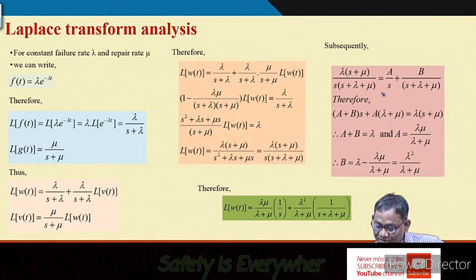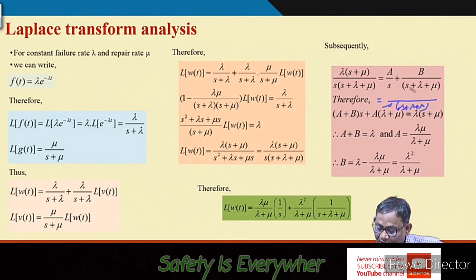What you do basically, the right hand side you can write as S into S plus lambda plus mu, and on the top side A into S plus lambda plus mu plus B S. The denominators are the same.